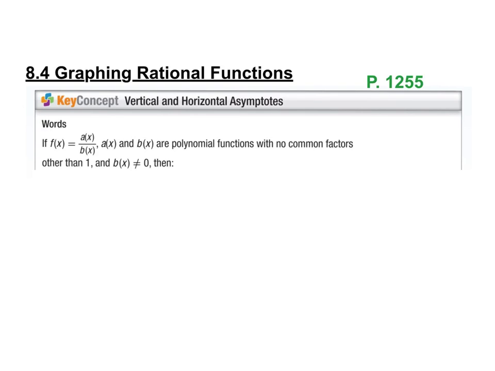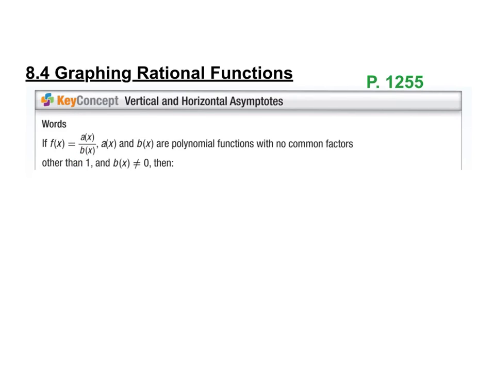We factor them out, cancel common factors if possible, so it's in its simplest form. So there's no longer any common factors, and of course b of x cannot equal 0 because that would make this function undefined. Whenever a denominator equals 0, it is undefined.